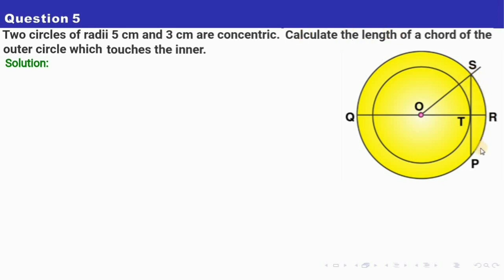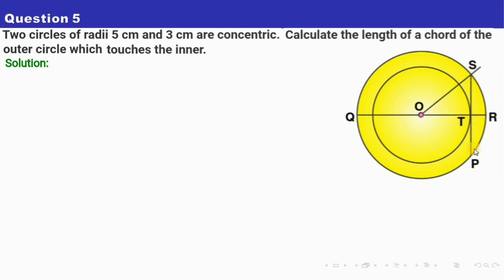Okay, so there was one theorem which you learned in the class 9 circles chapter, that if you draw any line from the center towards the chord, then that line will bisect the chord.